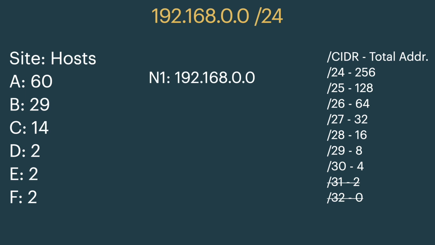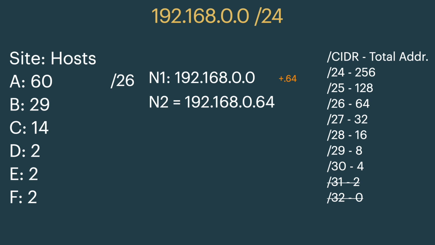So starting with the network baseline of 192.168.0.0, we need 60 hosts, and the closest one is /26, which is going to give us 64 total addresses. And the next segment of the address is going to be the sum of the already used total addresses. So that's 64, 192.168.0.64.